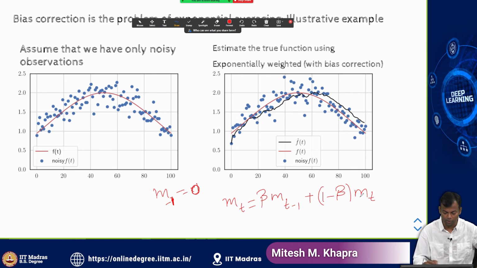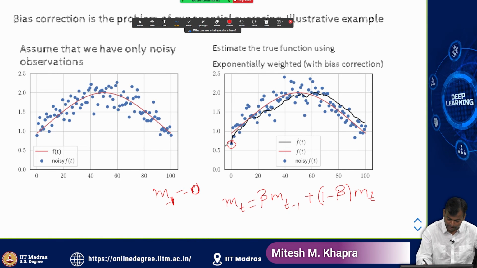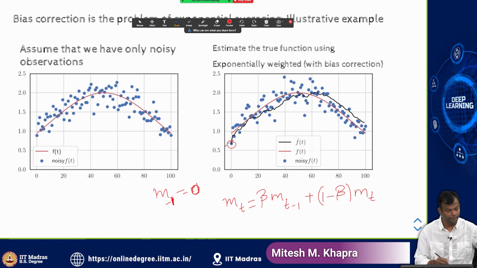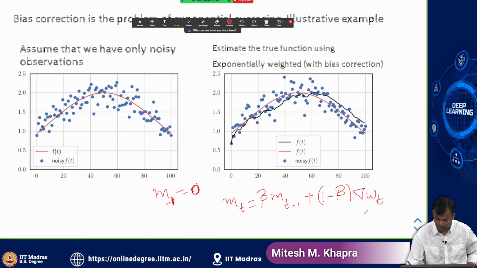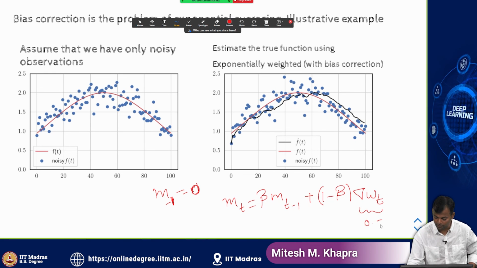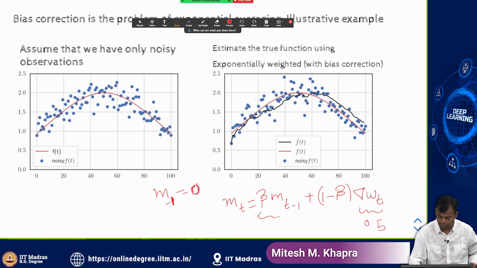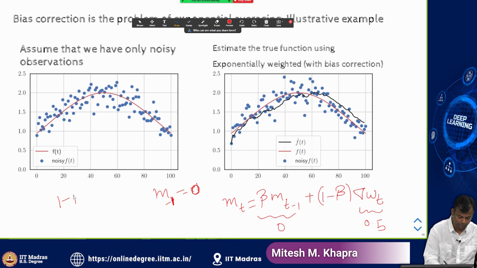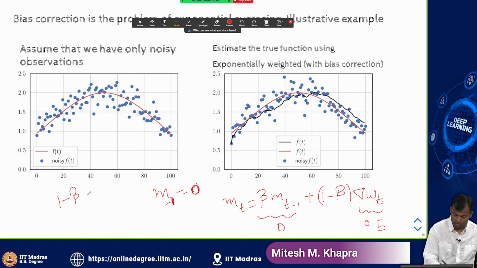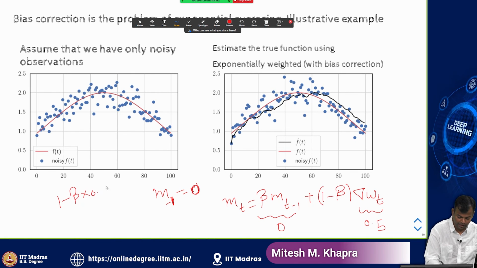Now at time step 0, my value is 0.5, and the history term is going to disappear. So I'll get 1 minus beta into 0.5.